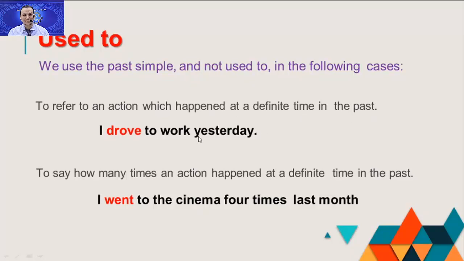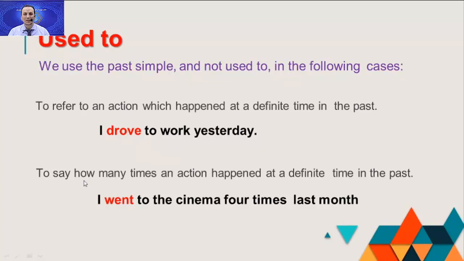For example, I drove to work yesterday. Because we have a limited, exact time, yesterday, it's not perfect to say I used to drive to work yesterday. So we use past simple here.